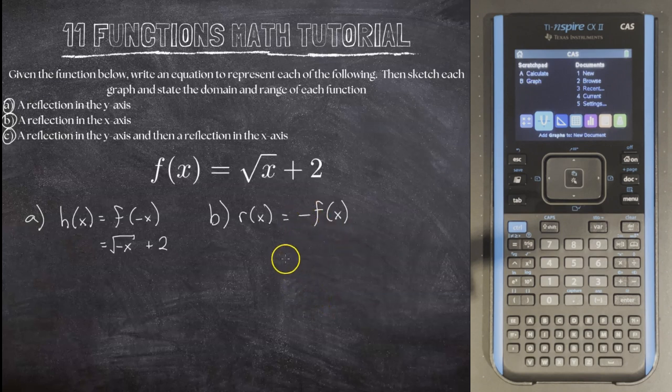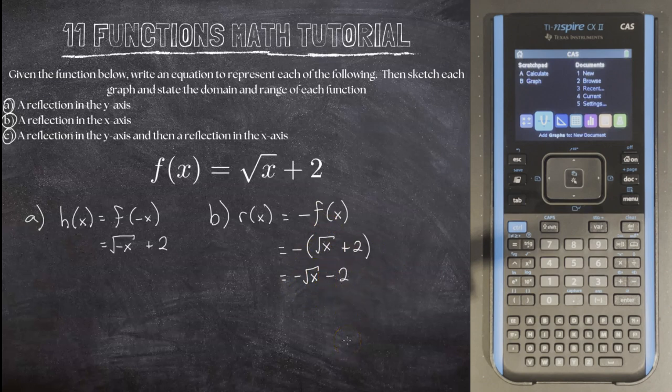Now that negative needs to distribute through the whole function, so just to help us, let's put negative, and then the f of x in brackets. So we have minus bracket the square root of x plus 2, and then that negative is going to distribute in through the whole bracket. So we're going to have minus the square root of x minus 2.